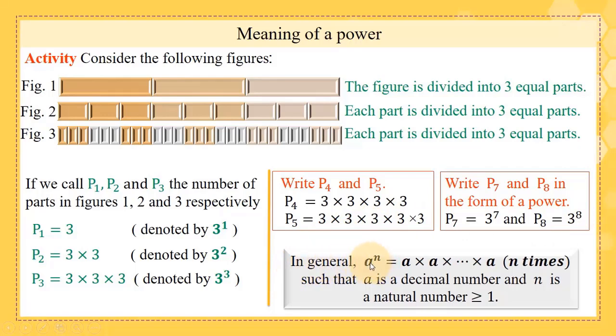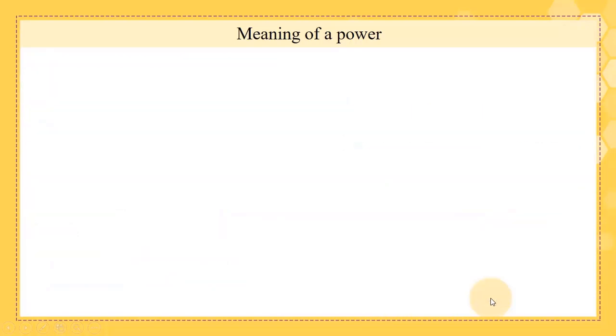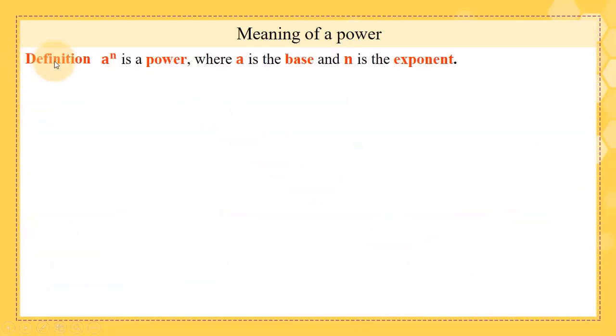In general, A exponent n equals A multiplied by itself n times, such that A is a decimal number and n is a natural number greater than or equal to 1. Now the definition: A exponent n is a power where A is the base and n is the exponent.